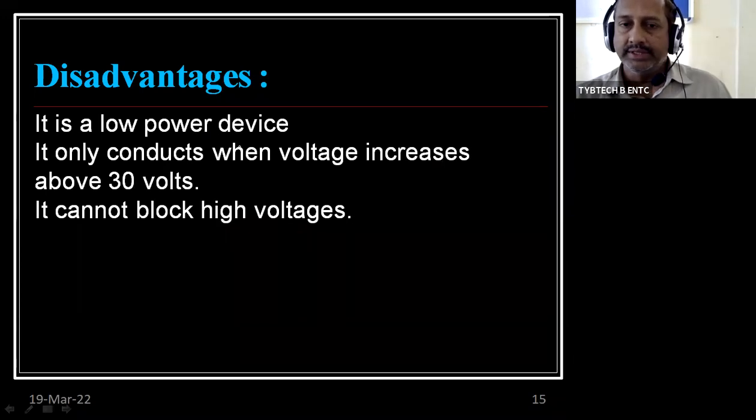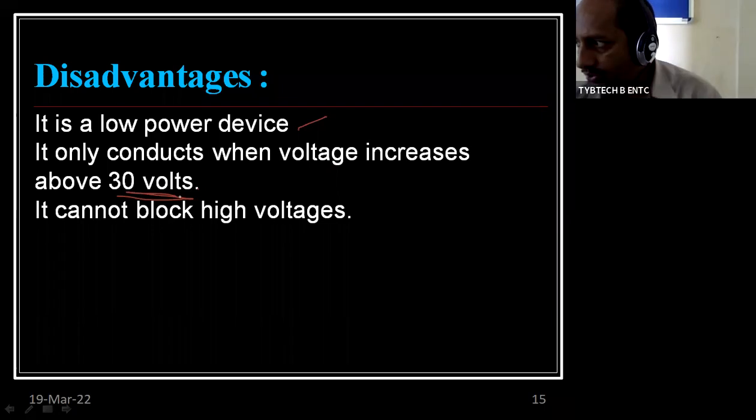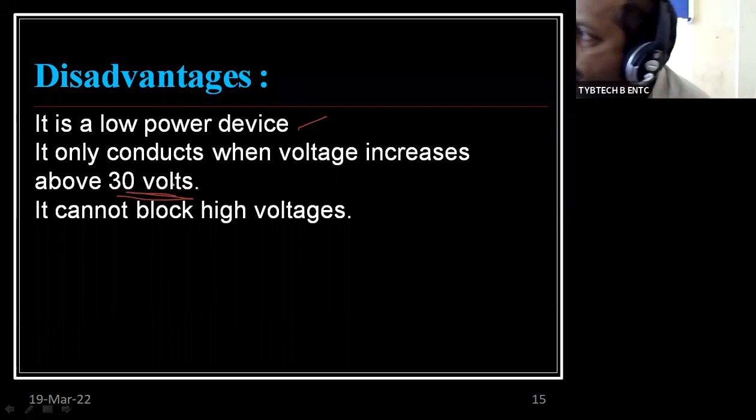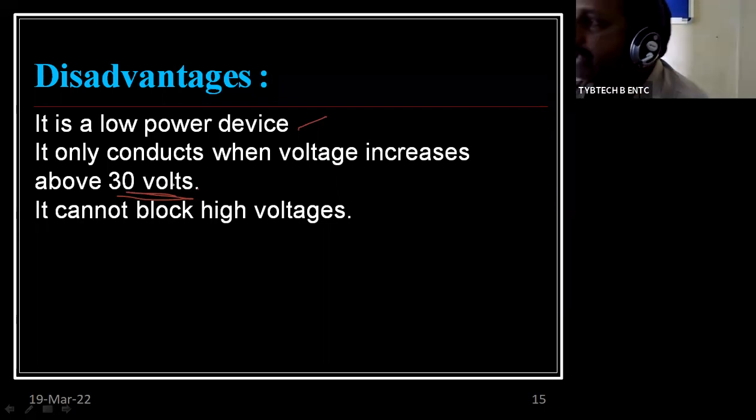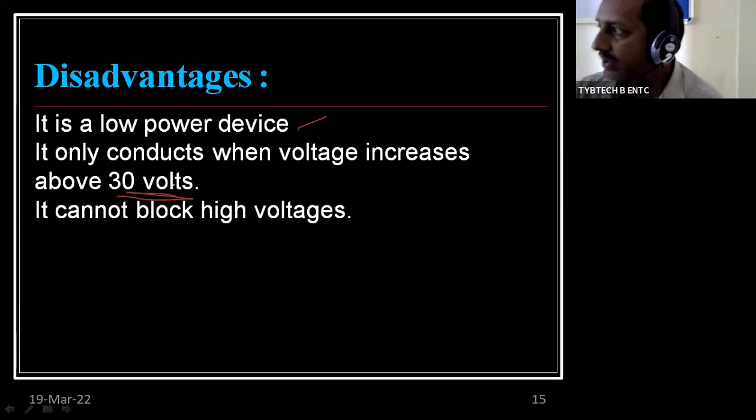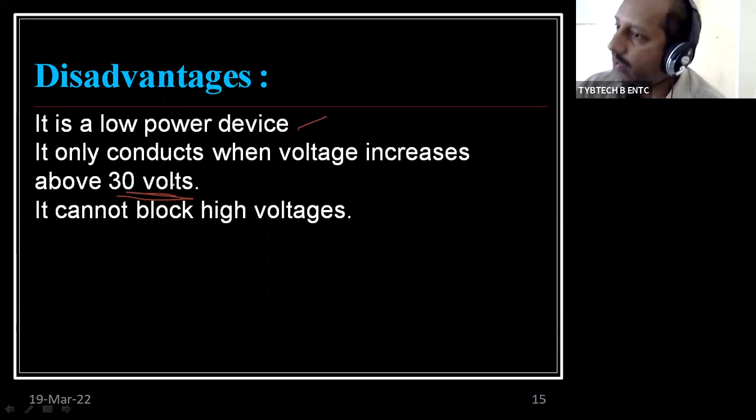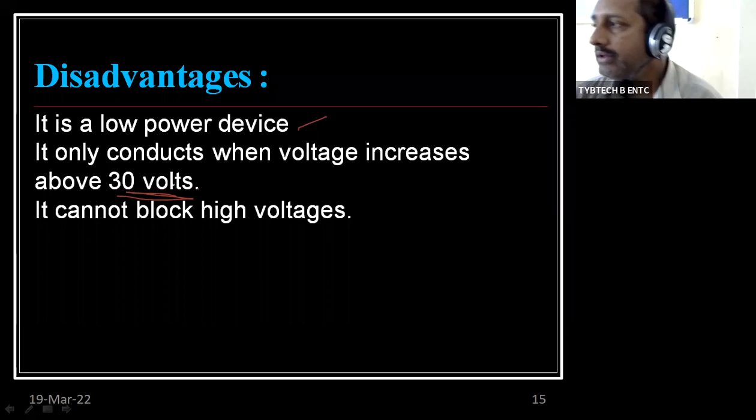Then what are its disadvantages? It is a low power device, so it is going to be utilized for low power applications only. It only conducts when the voltage increases above 30 volt. That we are also supposed to note down somewhere. VBO, as we said, if the voltage crosses that VBO, and VBO for DIAC is 30 volt.